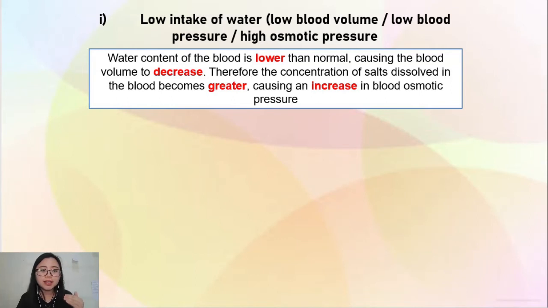Bila kandungan air dalam darah kita kurang daripada normal, ini akan menyebabkan volume darah untuk mengurang. Kemudian, sebab kandungan air kurang, tapi kandungan garam masih sama. In a way, darah kita makin pekat. Concentration of salt dissolved in the blood become greater, means darah makin pekat. So this will cause an increase in blood osmotic pressure.